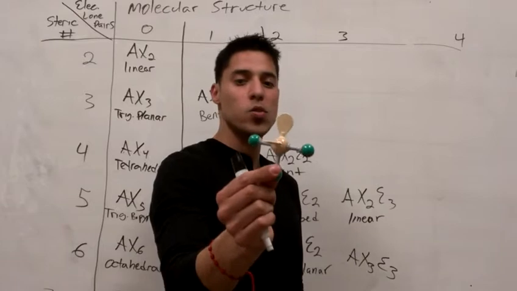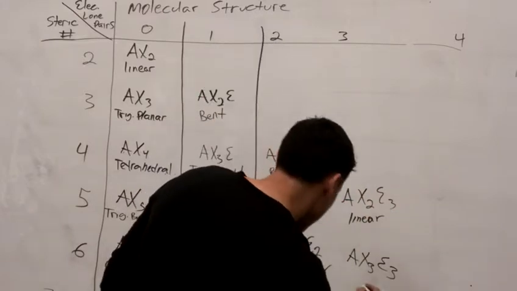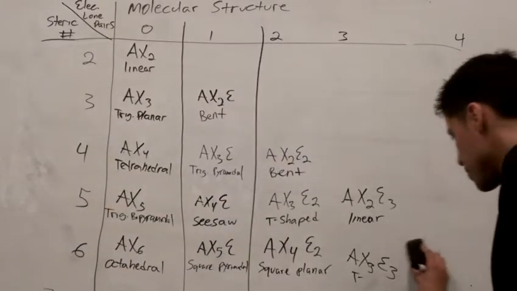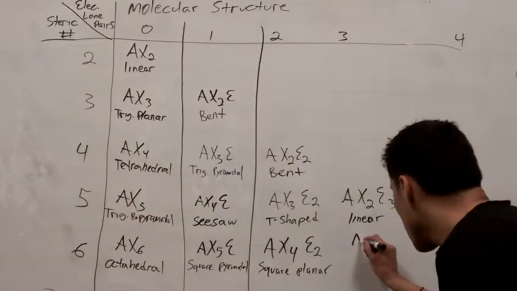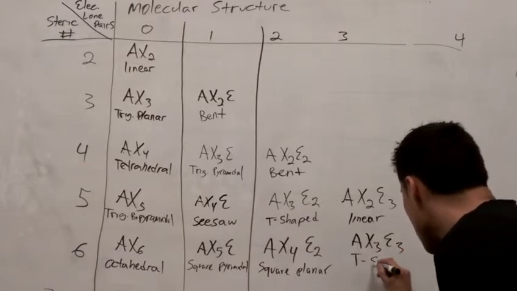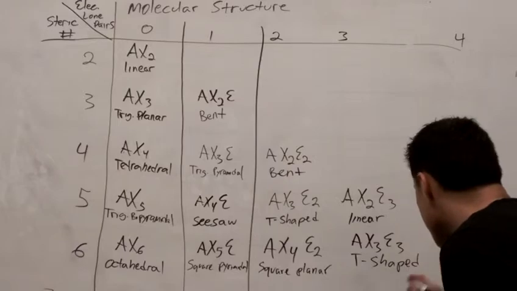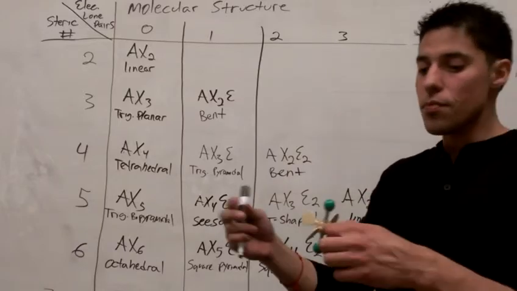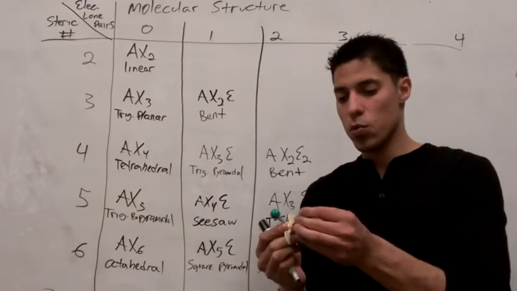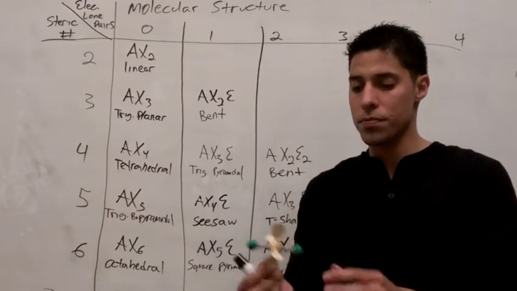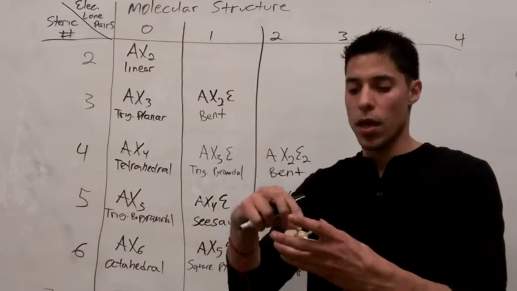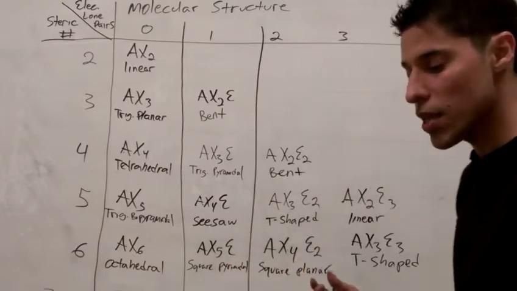You probably guessed the name of this one, T-shaped. Alright, finally, if we remove another bonded electron pair and replace it with a lone pair, again, you probably guessed it, a linear molecule. So an AX2E4 configuration is going to give us a linear molecule.